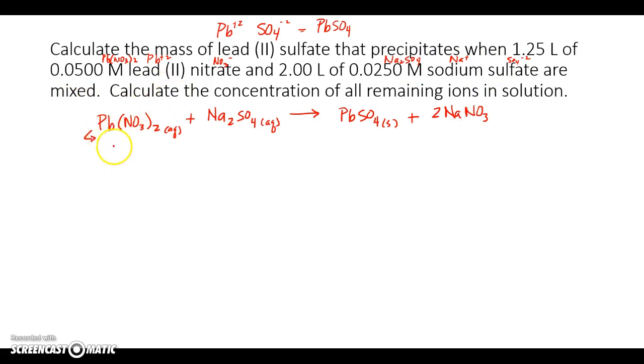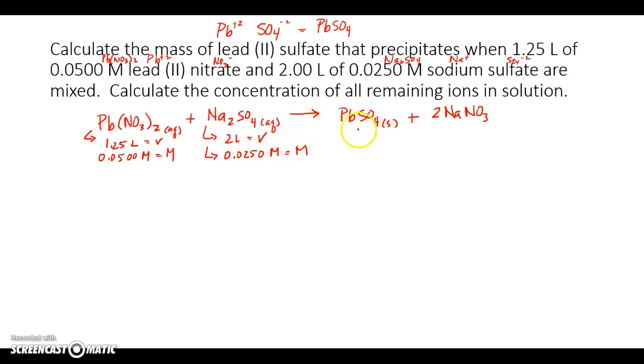So for the lead nitrate, it tells me that I have 1.25 liters, which is my volume, and I have 0.0500 molar solution, which is my molarity. For the sodium sulfate, it tells me that I have 2 liters, that's my volume, and 0.0250 molar solution.